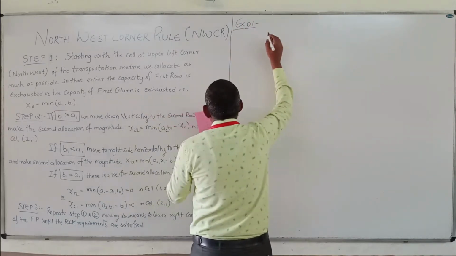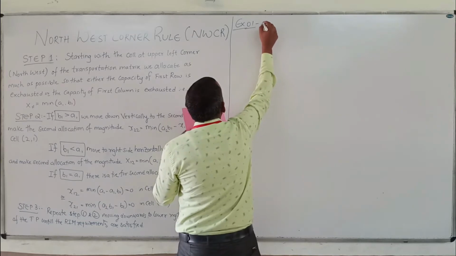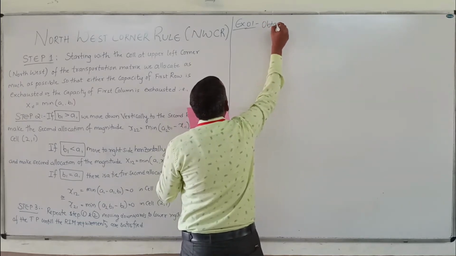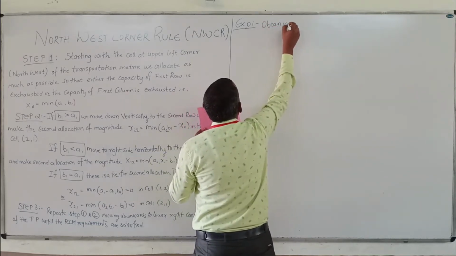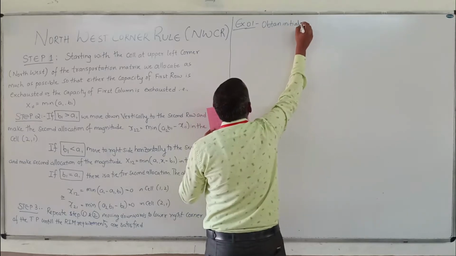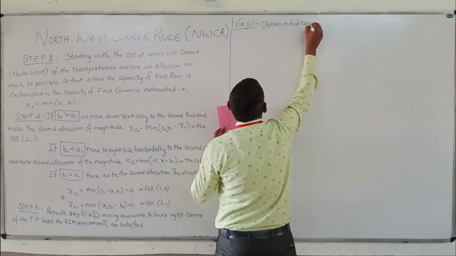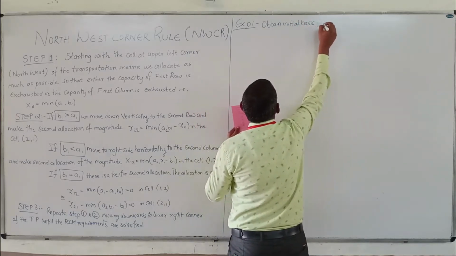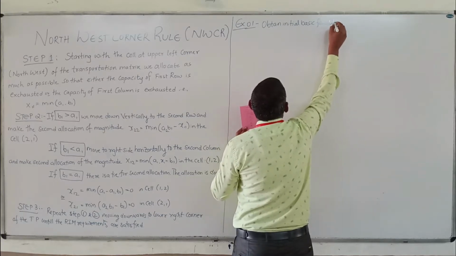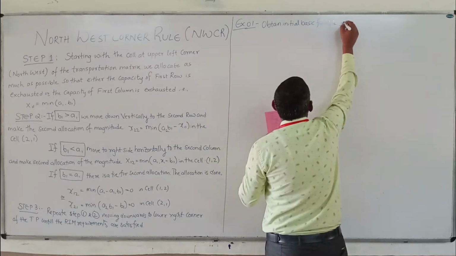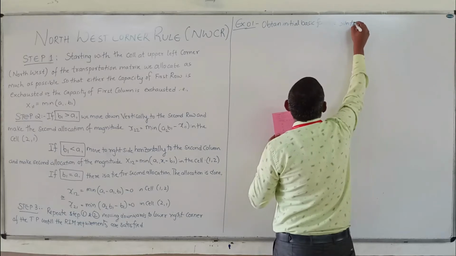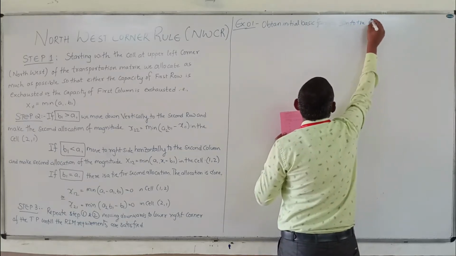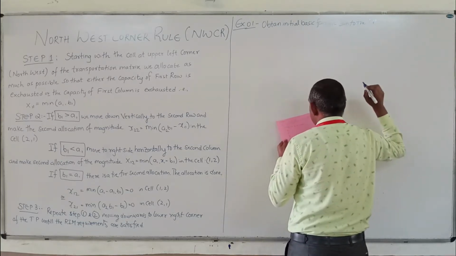So in this Example number 1, obtain an initial basic feasible solution to the TP. Fine?